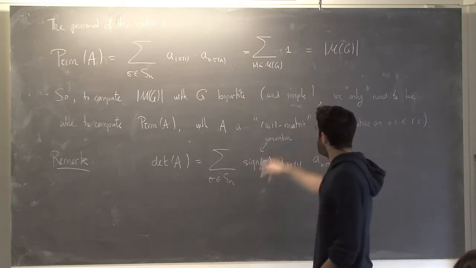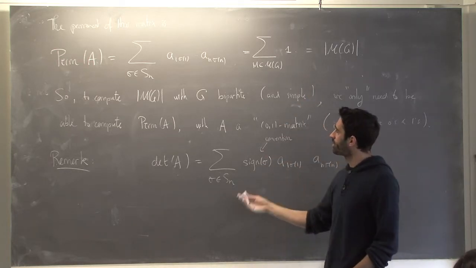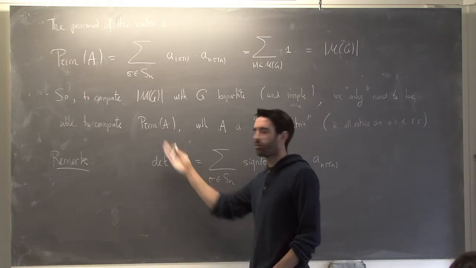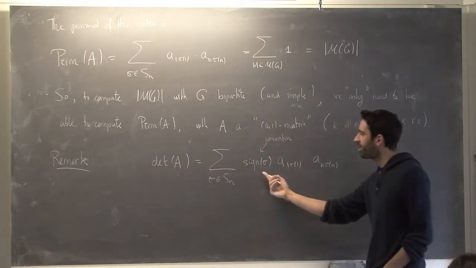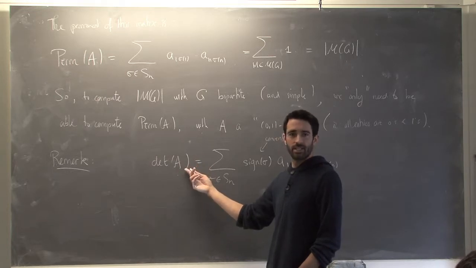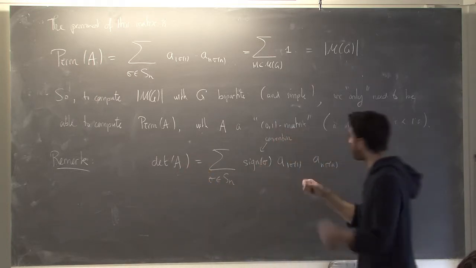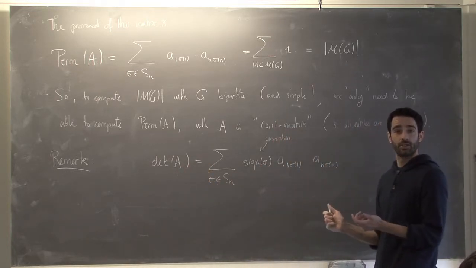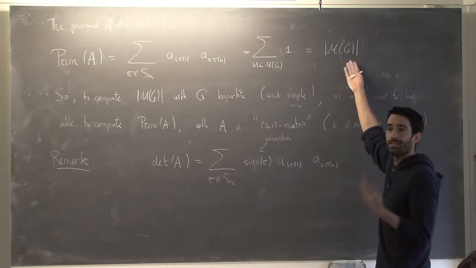So you might say, okay, the permanent might be difficult to compute, but let's try with the determinant. But obviously, if you look at the determinant of your bi-adjacency matrix, you'll have these signs which will cause cancellations of the perfect matchings, and you will not end up with this in general.